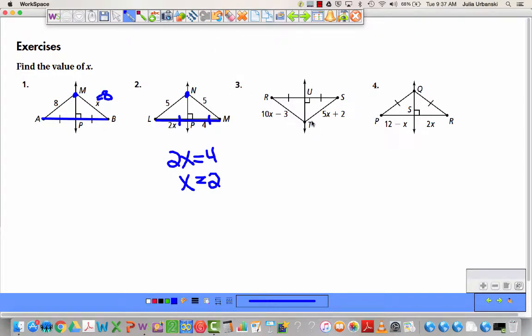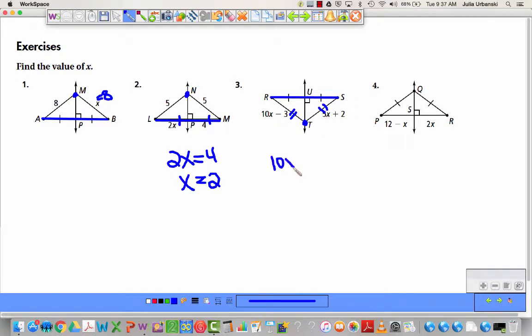This one right here, what do we know? We know that this is perpendicular and that the segment is cut in half. So SR is the segment and TU is the perpendicular bisector. So that means the point T is on the perpendicular bisector, which means it's the same distance from T to S as it is from T to R. So this segment has to equal this segment.